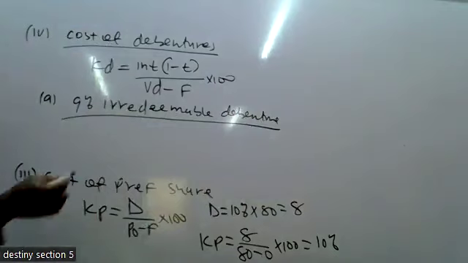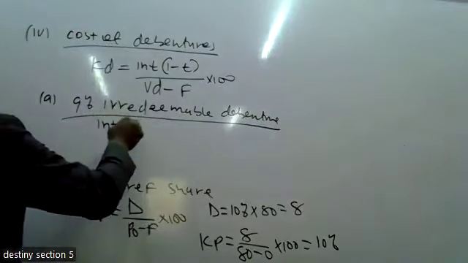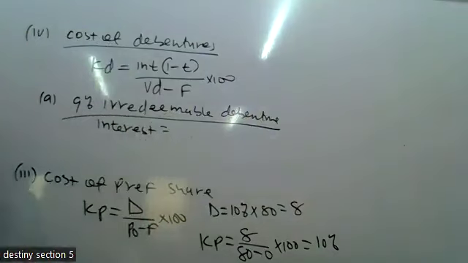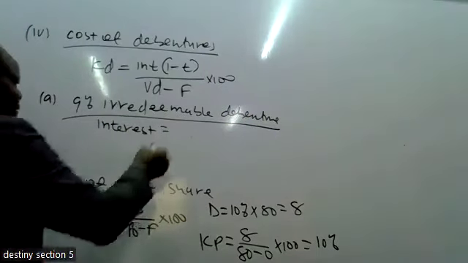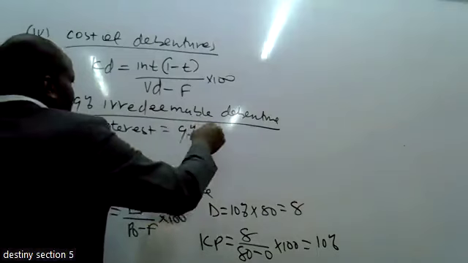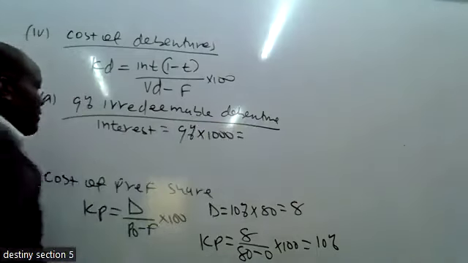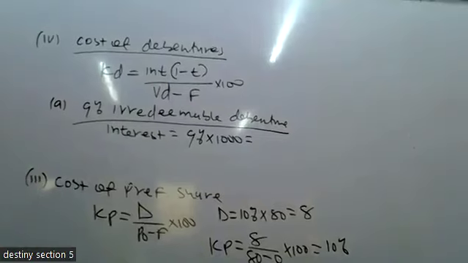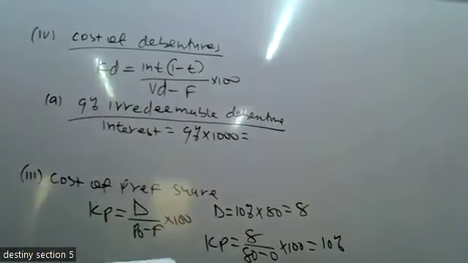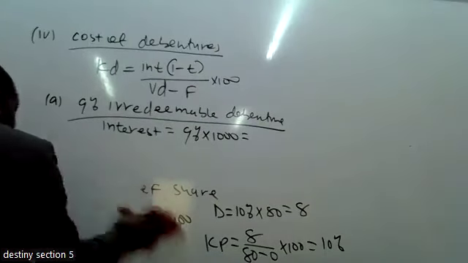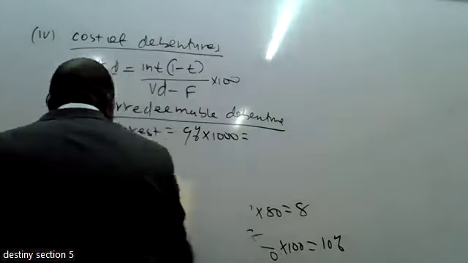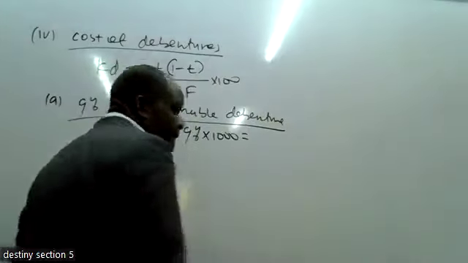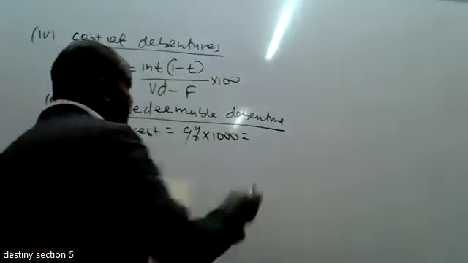So the interest on that debenture, we get 9% of the par value. And the par value is 1,000. So 9% of the 1,000 will give us a figure of 90.